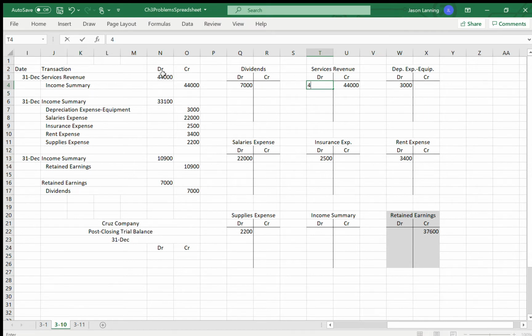So on the trial balance, remember services revenue had a credit of 44,000, so we're debiting because here's our debit, which leaves us a balance on services revenue of 0. Income summary, we credit 44,000 in that transaction, so we'll do that here as well. And we just need to go down the line. Income summary, debit 33,100.